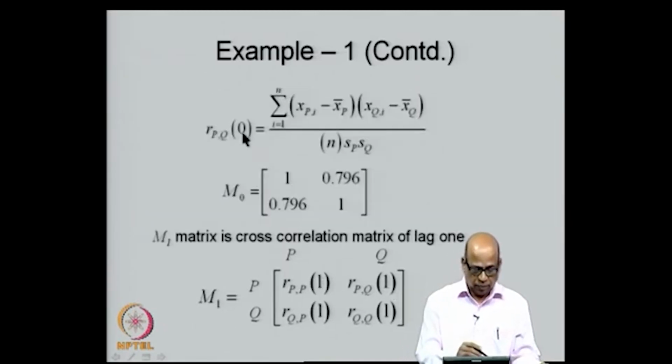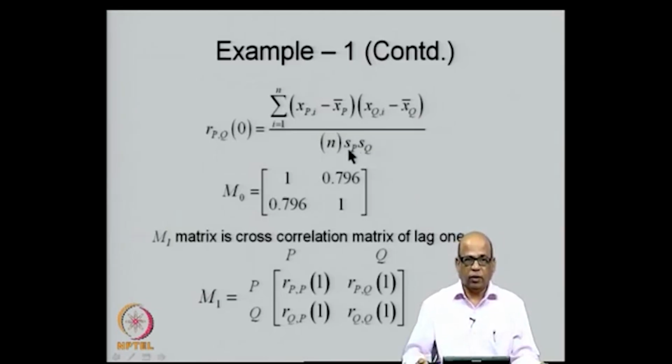So, you define R p q 0 as x p i, which is the flow in time step i at site P, minus the mean of flow at site P, similarly at site Q, and divided by n S P S Q, where S P is the standard deviation at site P, and S Q the standard deviation at site Q. Using this, you get M naught equal to 1, 0.796 and 0.796, 1.